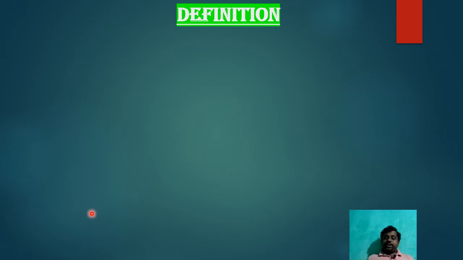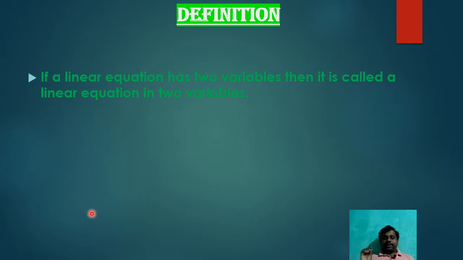We know the degree of a polynomial. If the degree of the polynomial is 1, this is known as a linear equation. In that linear equation, if we have one variable, that is called linear equation in one variable.